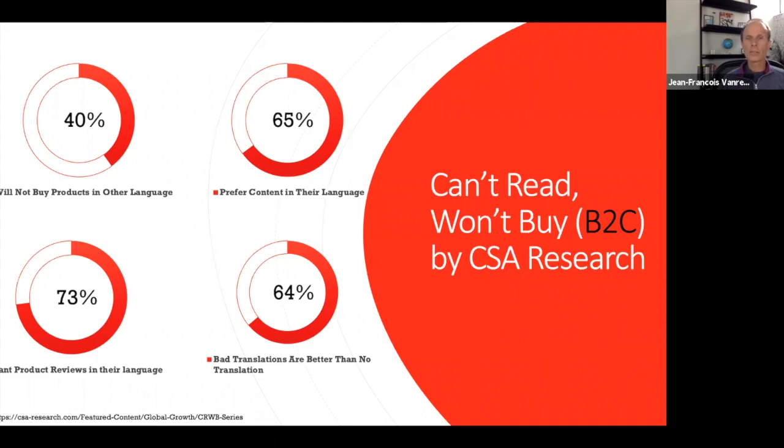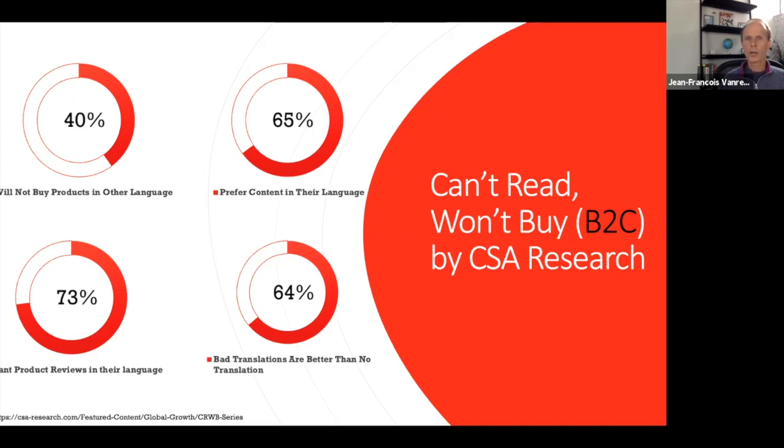And 65% of consumers would prefer to see the content in their language, which means that if you don't provide it, you may think it's not a big deal, but it also means that you don't really meet your customers' expectations.